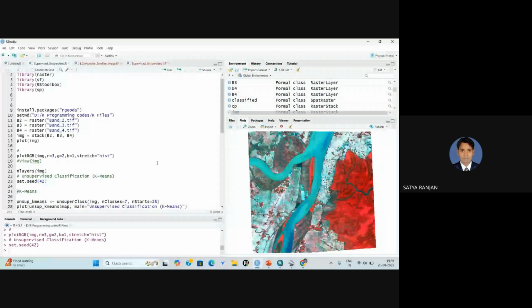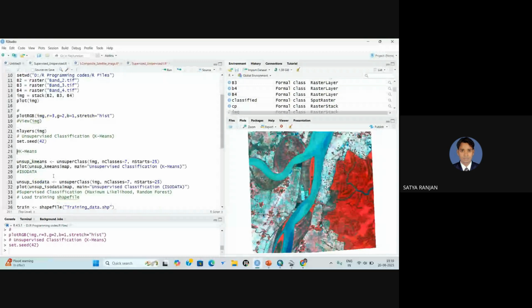There are two unsupervised classifications we previously saw, k-means and ISODATA. This is the code for the k-means unsupervised classification. Just run this code.